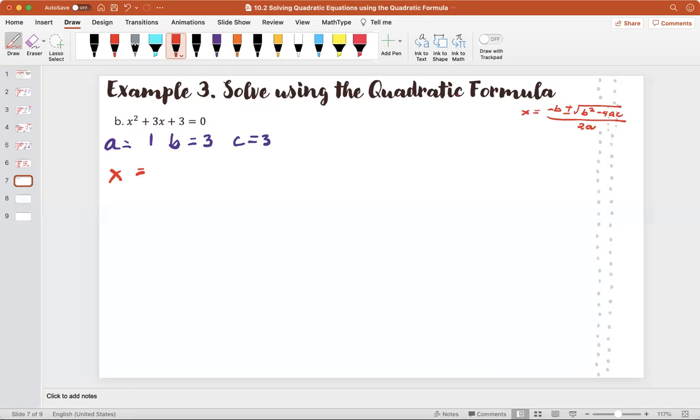Now we have negative 3 plus minus square root of 3 squared minus 4 times 1 times 3 all over 2a, which is 2 times 1.